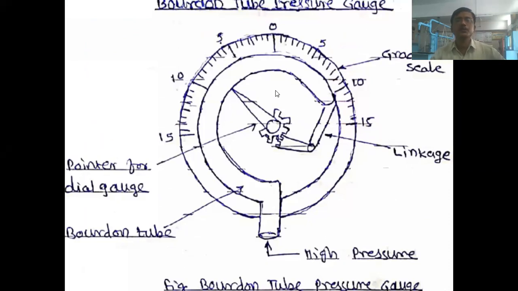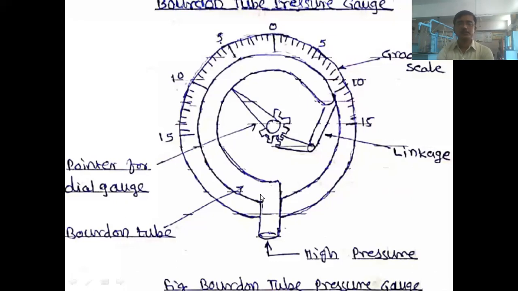Okay. So write the title in your notebook: Bourdon tube pressure gauge. In the topic of pressure measurement, we have seen there are basically 2 devices used for measurement of pressure. One is called the manometer and the second is called the pressure gauge. In manometers, we have seen different types: simple manometers and differential manometers.